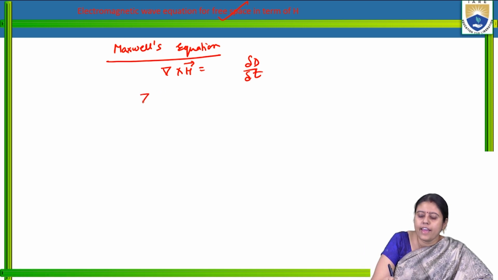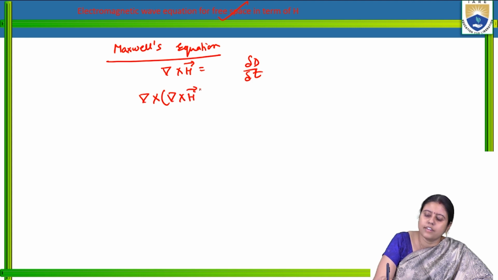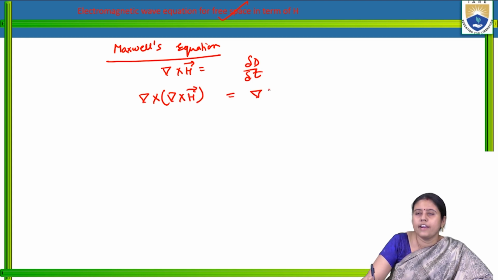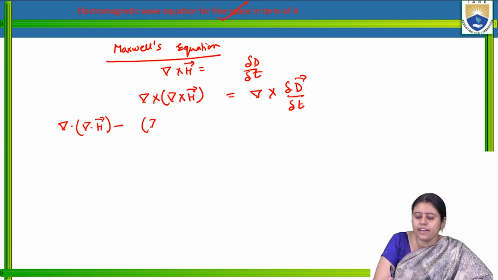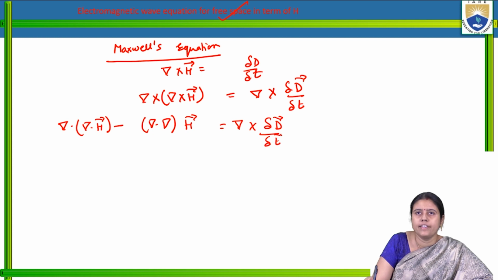Again, if we take the curl on both sides, curl curl H is equal to curl of del D by del t. Grad dot H minus grad square H is equal to curl of del D by del t.